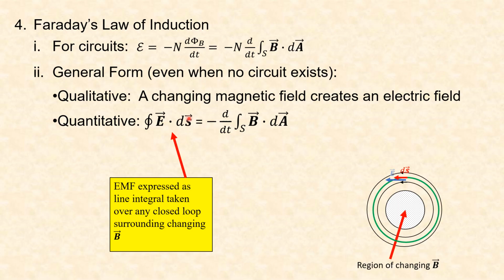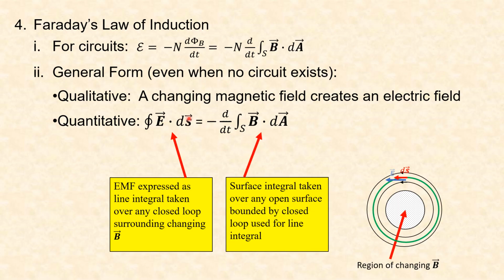The right-hand side of Faraday's law, involving our expression for magnetic flux, really doesn't change much from the way we expressed it for circuits. We're talking about evaluating a surface integral on the right-hand side as opposed to a line integral on the left-hand side, where the surface is no longer the surface bounded by our circuit, but is rather the surface bounded by the closed loop we used in evaluating the line integral on the left-hand side.